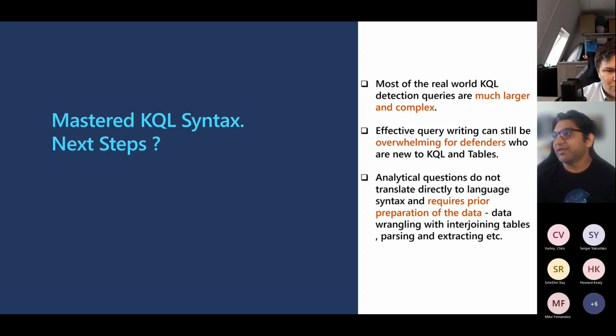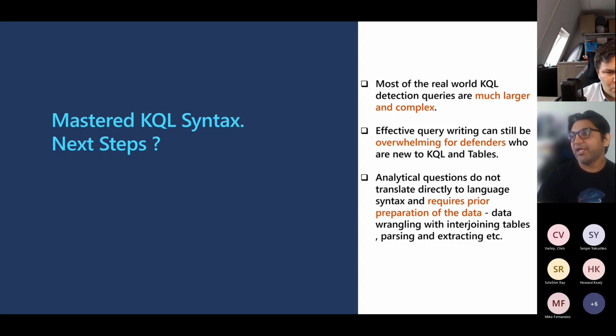And lastly, this is an important point that I wanted to highlight: sometimes the analytical questions do not translate directly to the language syntax, right? Even if you know what you want to query in your data and you're familiar with the syntax, you still have to do some data preparation before writing the actual queries.